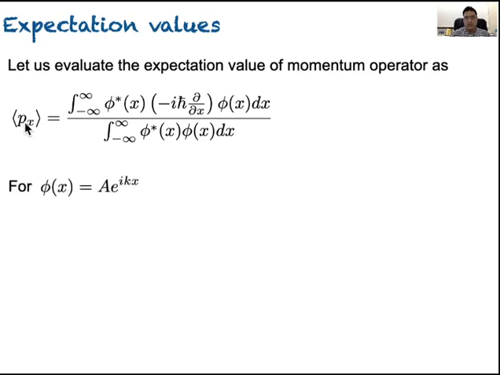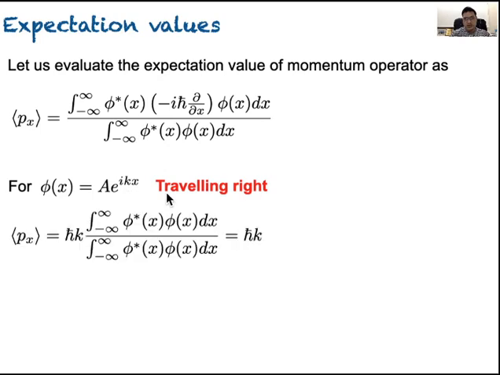Now once we substitute phi of x here, let's see what we get. When the momentum operator operates on phi of x, we get h cross k times phi of x. Since k is positive, we can treat this wave function, or the corresponding wave packet, as traveling.